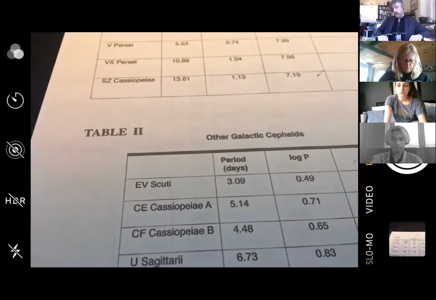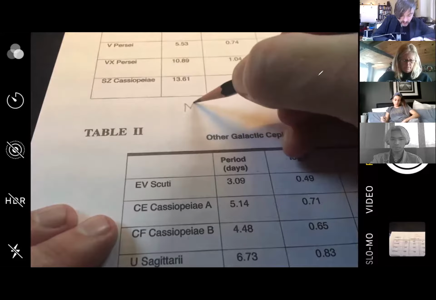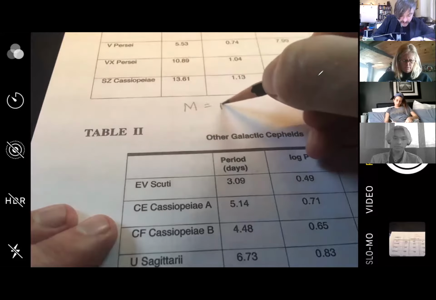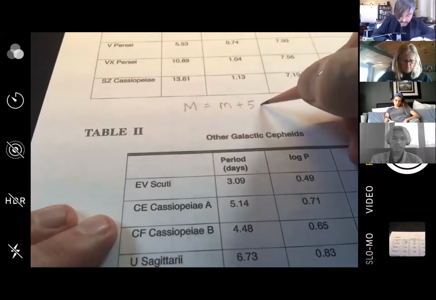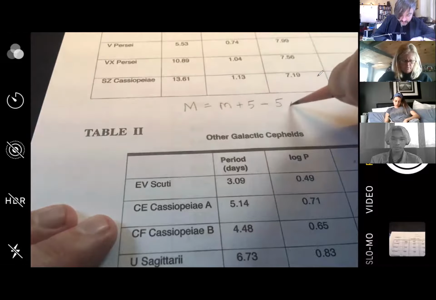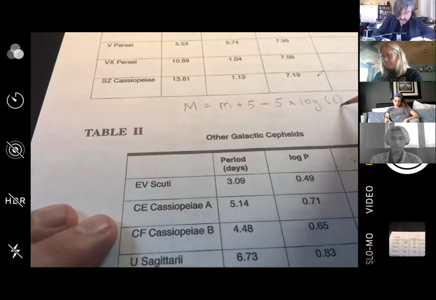All right. We need a formula to calculate our absolute magnitude. Our absolute magnitude is given by the apparent magnitude plus 5 minus 5 times the log of the distance.